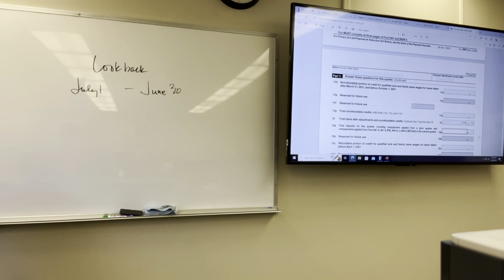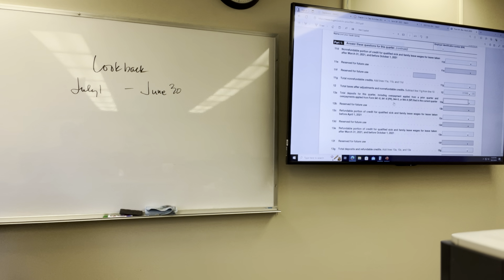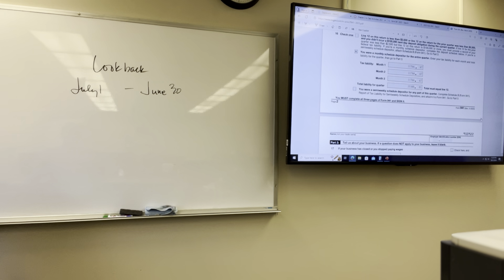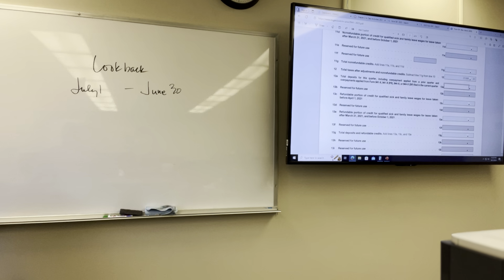Total deposits from this quarter. And it says right there, total deposits from this quarter, including overpayments applied from a prior quarter, so we don't have anything filled in for the current quarter. We did our calculation of the total amounts that we deposited down here, 35,301.